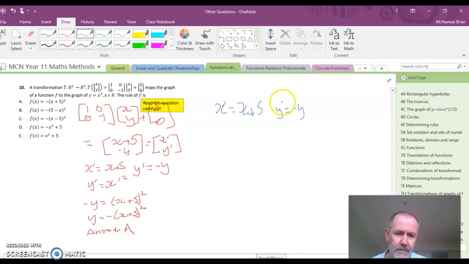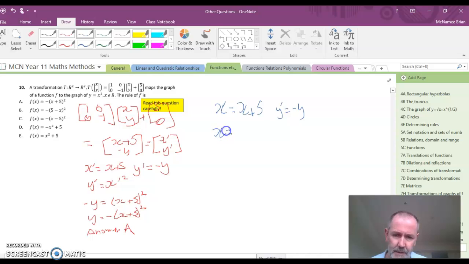But because we want to find the transformed equation, and we have y equals x squared, we want to solve for y and x.